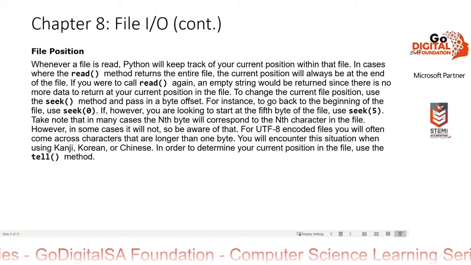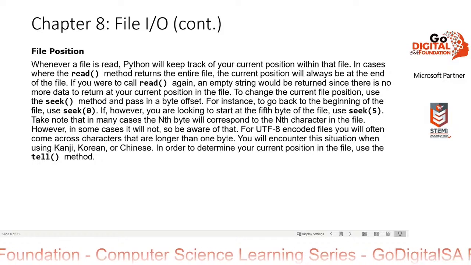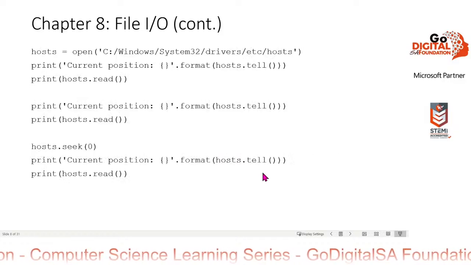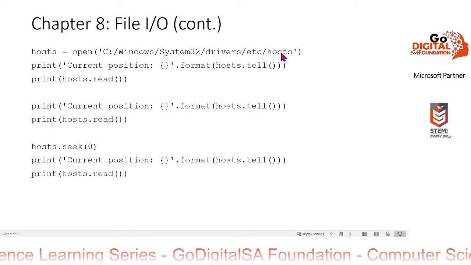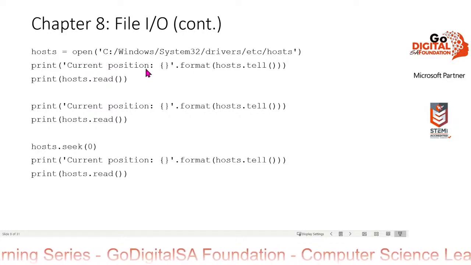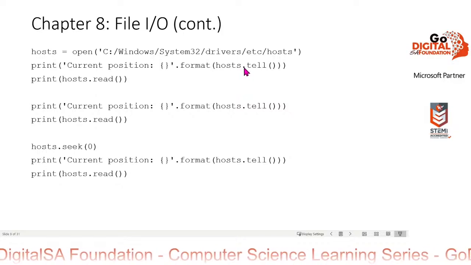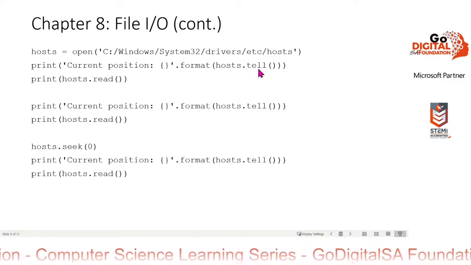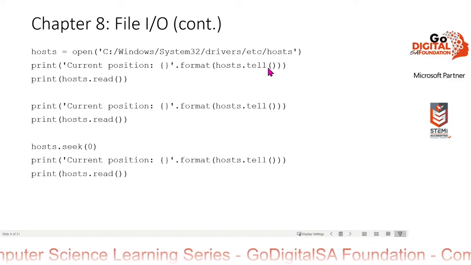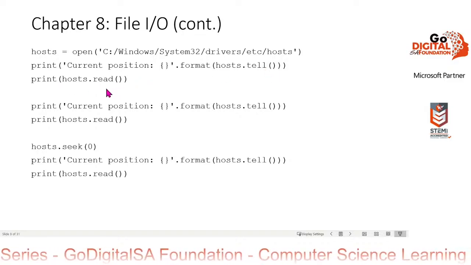In order to determine your current position in the file, use the tell method. So if we say hosts is equal to open, and we're opening the hosts file again, then we print the current position using hosts.tell. We haven't read from it yet, so we would expect this to be 0. And we print hosts.read.